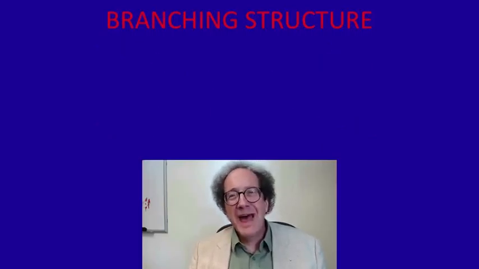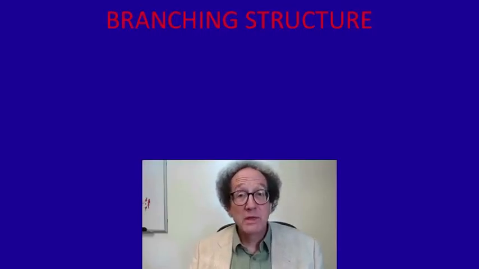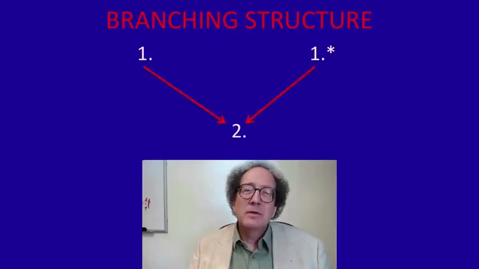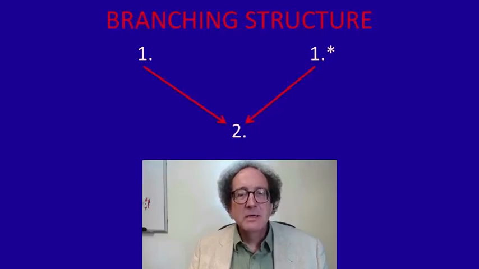So to capture that aspect of the structure, that both premise 1 and premise 1 star support the same conclusion, namely 2, it's better to diagram it so that there's an arrow that runs independently from both premises to a single instance of conclusion 2, as you see in the diagram on the screen.